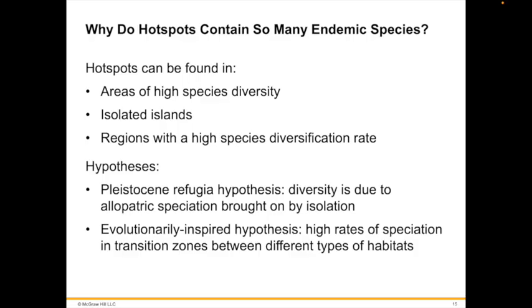Unfortunately, hotspots contain not only many endemic species, but also growing human populations. These areas contain more than 1.5 billion people, nearly a fifth of the world's population, sometimes at high densities.